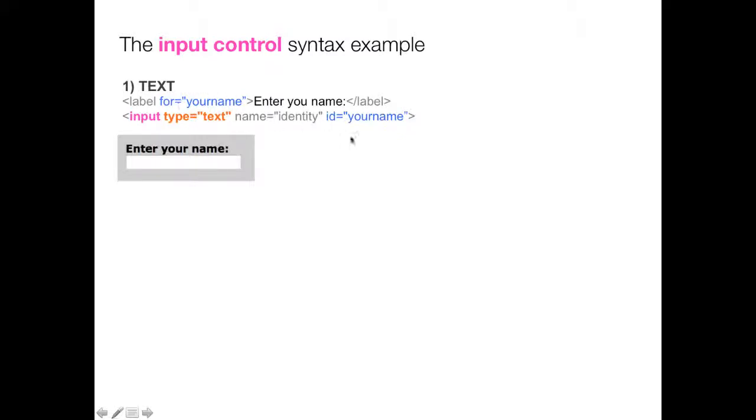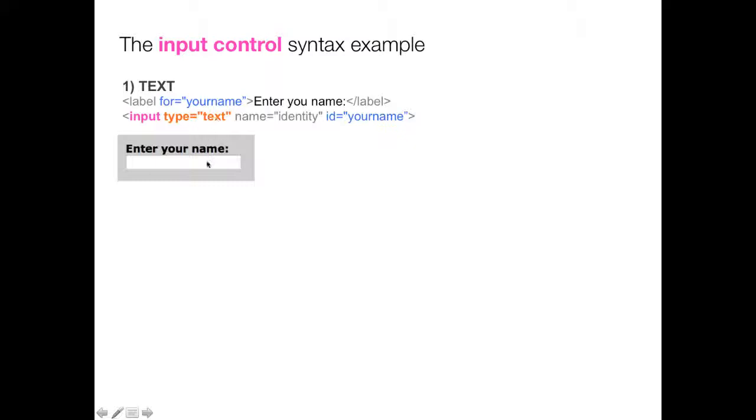Now, the for and the ID, if you notice, they have the same color, right? And they also have the same value. The reason for this is because we want to make a link between the phrase and the text field. So if you're a user and you want to enter your name here, you want to click on this box. But if you also click on the phrase enter your name, somewhere on the phrase, the box will be highlighted.